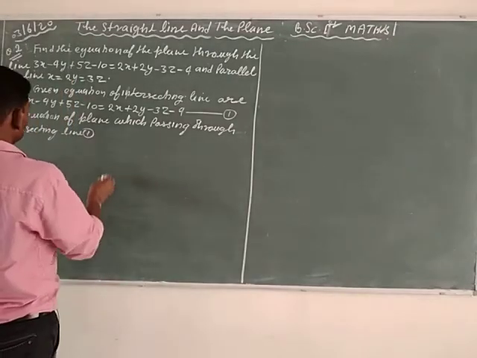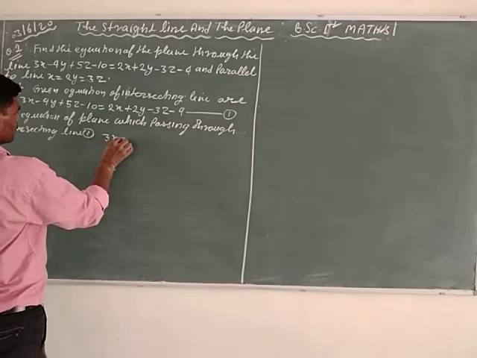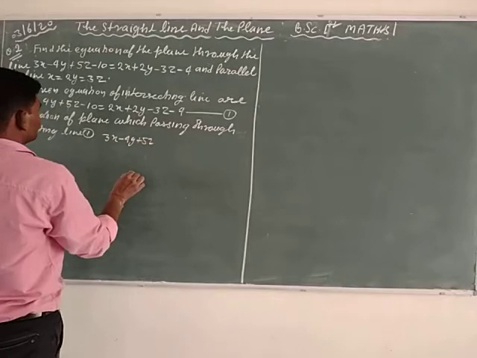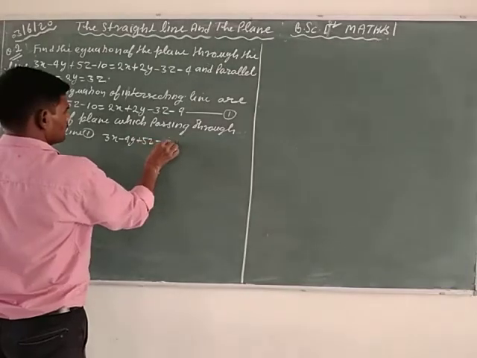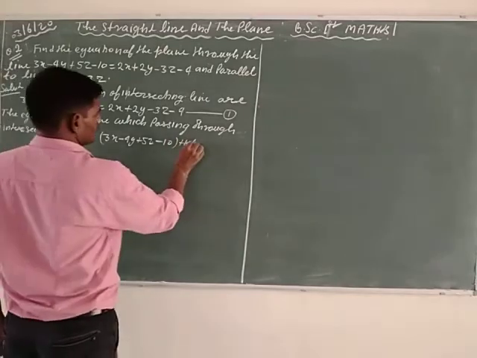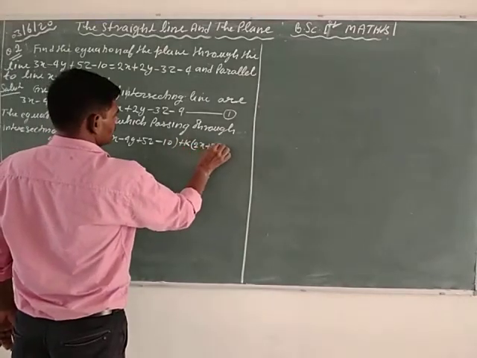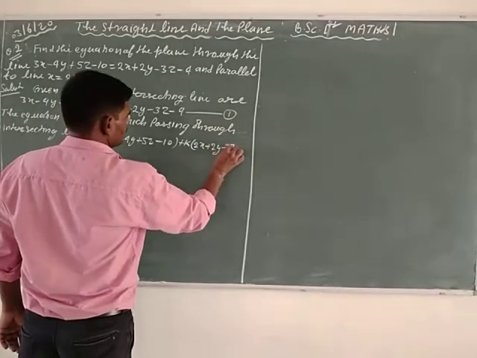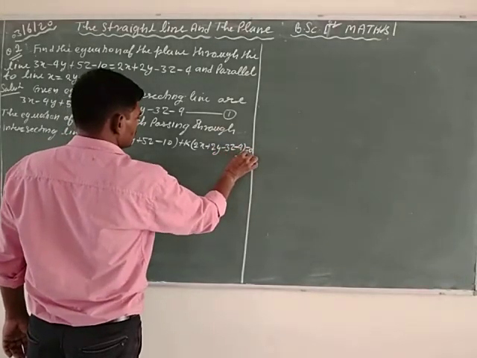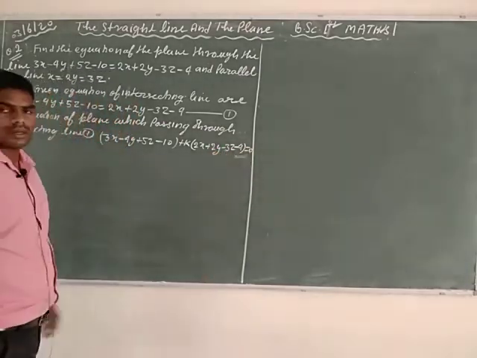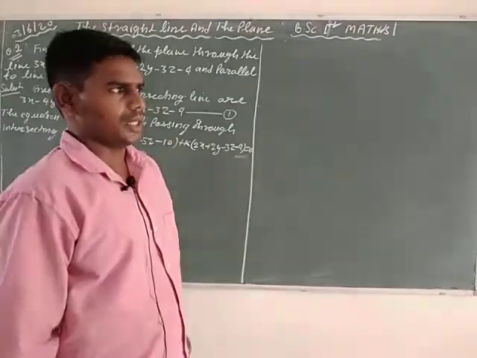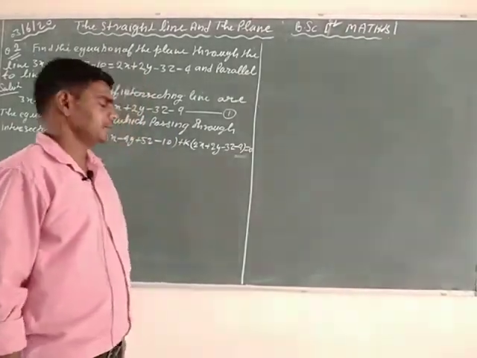So this equation is 3x minus 4y plus 5z minus 10 plus k times 2x plus 2y minus 3z minus 4 is equal to 0. This is the equation which passes through the combined intersecting planes, that is, the intersecting line.